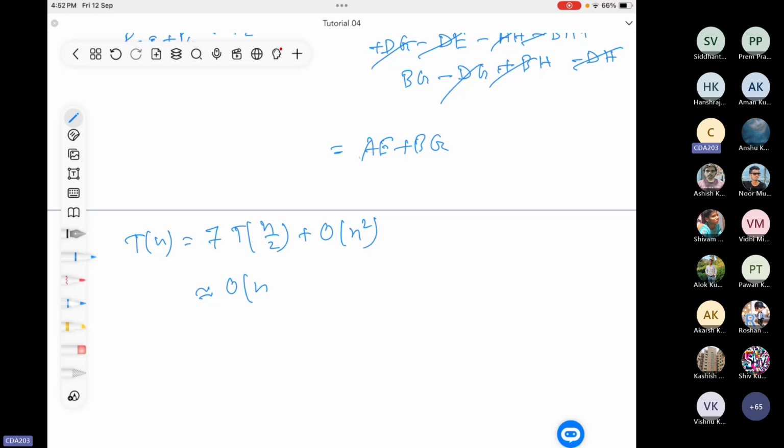In this case, it will be approximately order n to the power 2 point something, about 2.8. Basically, this is order n to the power log 7 base 2. Okay, so this is the improvement that we get from n cube to 2.8.